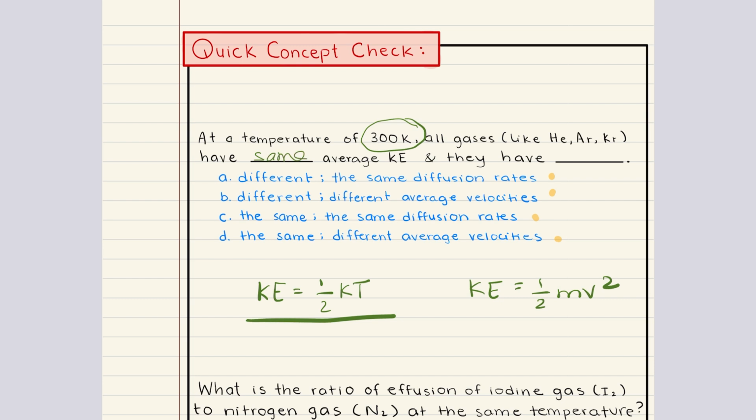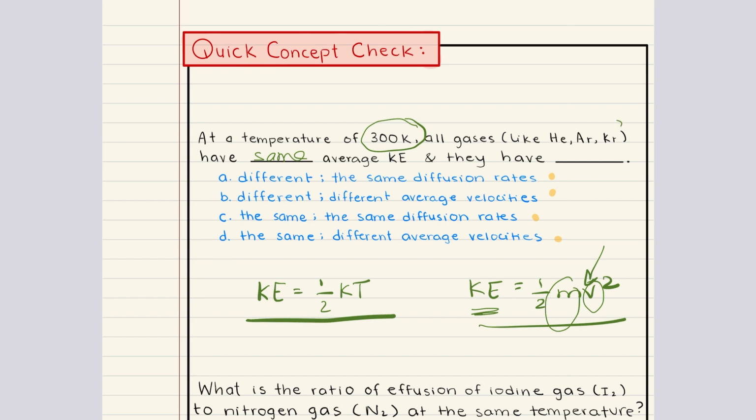But even though different gases have the same kinetic energy, their individual molecular velocities can be different. And we can use this equation to understand that relationship. This equation tells us that velocity depends on the mass of the molecule. Lighter gases move faster, while heavier gases move slower.